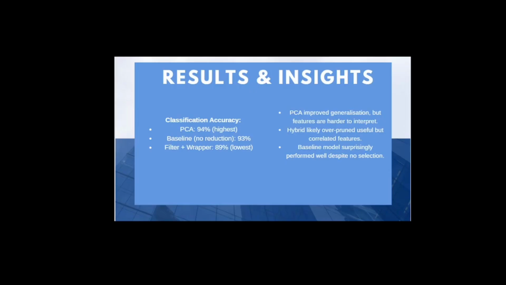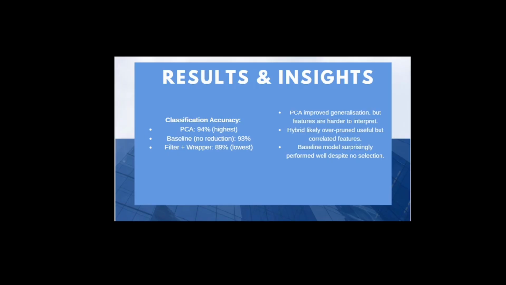So these are the results and insights. As you can see, PCA got the highest, baseline was second, and filter and wrapper surprisingly the lowest. PCA improved generalization, but the features are harder to interpret because they combine the features into PC1, PC2, PC3, which we as humans can't really understand, since it's not as clear as a feature called battery or RAM.